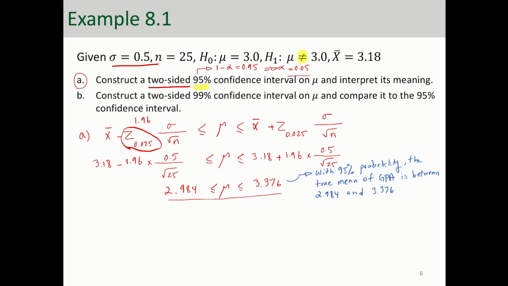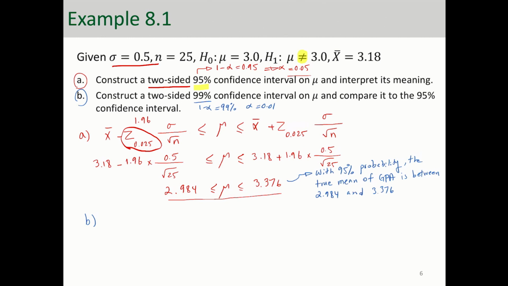For part B, it says construct a two-sided 99% confidence interval on mu and compare it with the 95%. So now 1 minus alpha is 99%, meaning that alpha is 0.01. So what is going to change from part A to part B? It still is two-sided. The only thing that is going to change is this z value, which is going to be z of 0.005.